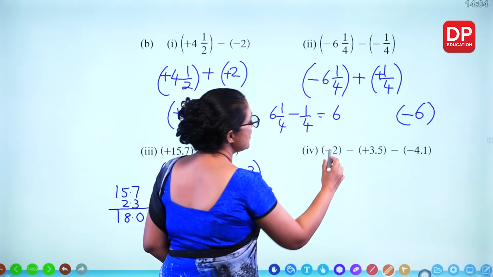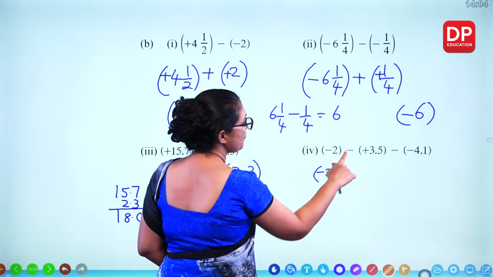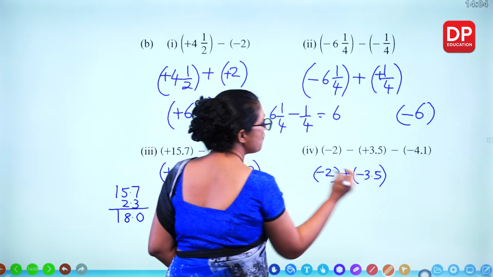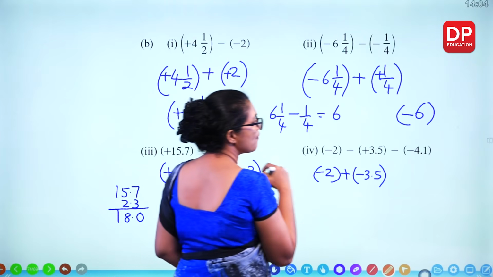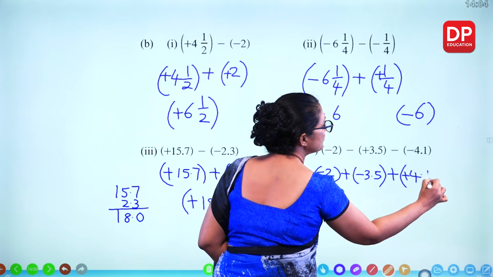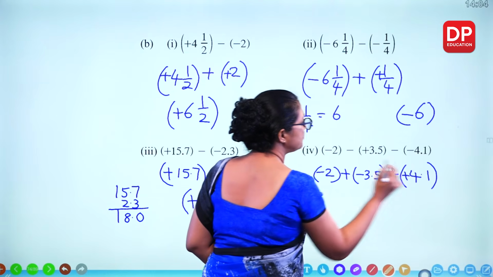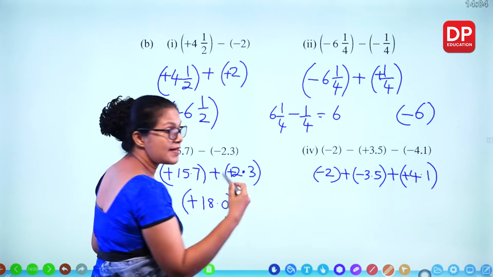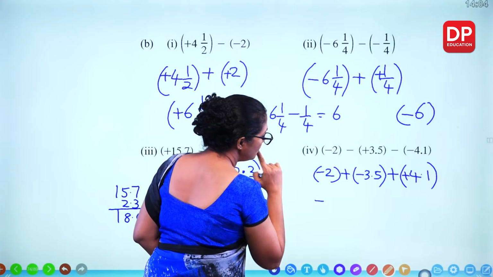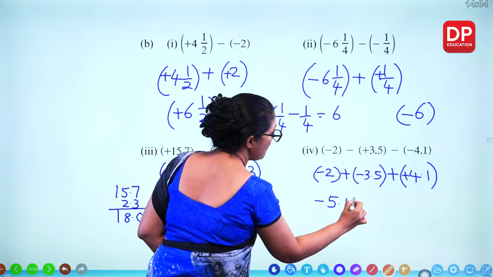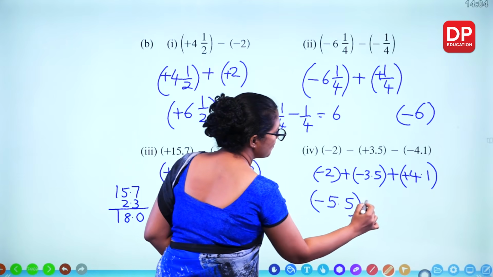This one we'll take first, minus 2. Adding the additive inverse of plus 3.5, that's minus 3.5. Adding 4.5, 4.1. Now these two both negative, that means adding. You get 5.5, that's negative.